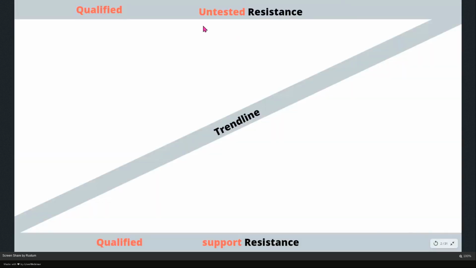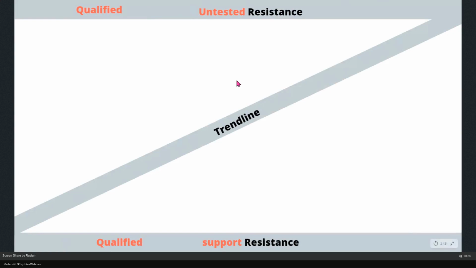So the zones are all over the chart. Your W can happen anywhere. But what we are looking for is a qualified zone and a qualified resistance that's going to add value to your trade, and it's going to keep you confident.